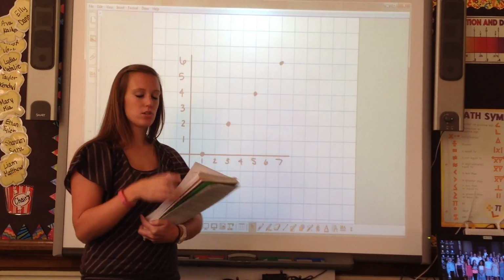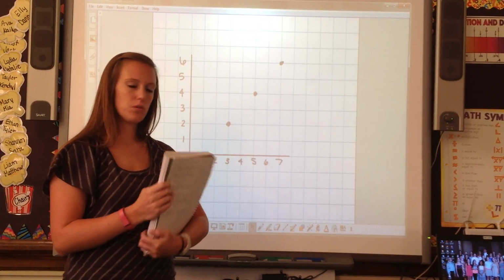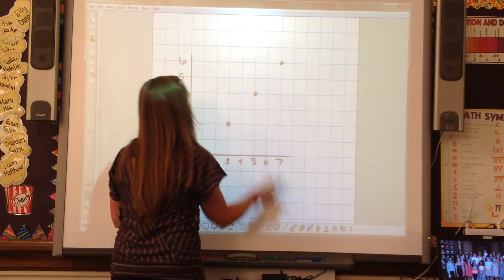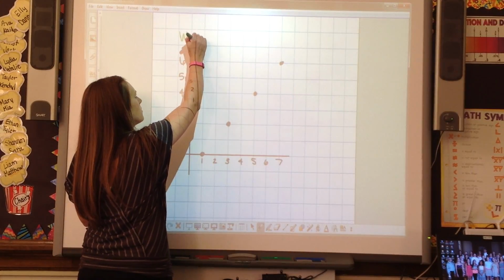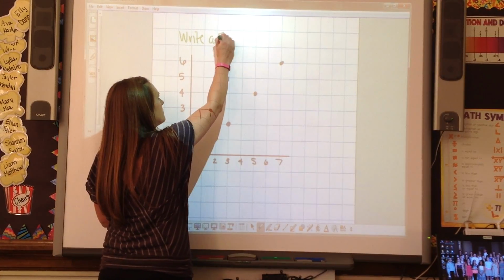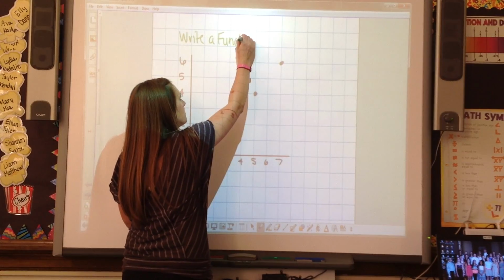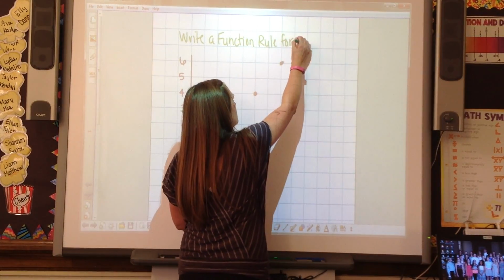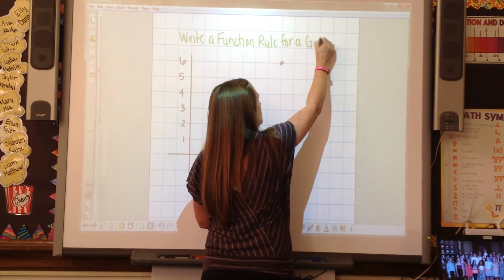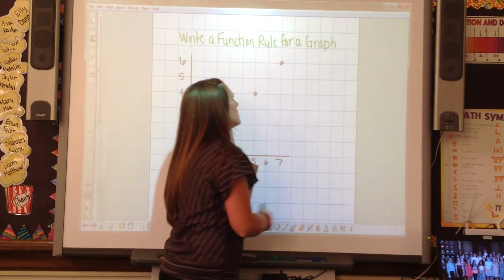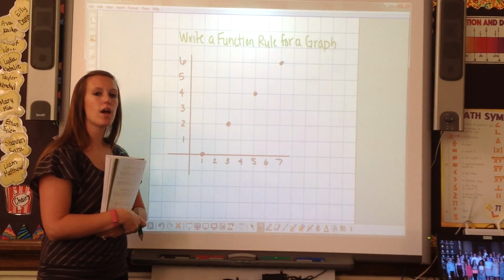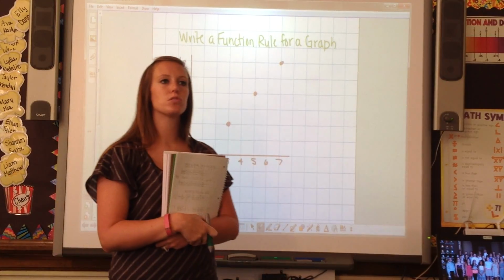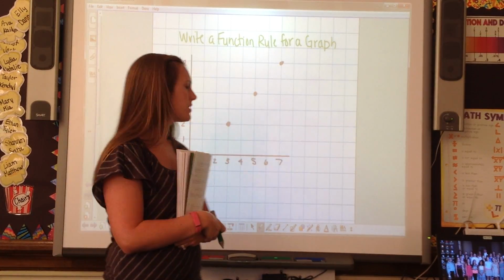Okay, so the next section is going to be writing a function rule for a graph. They're going to give you a graph this time, and you need to write a function rule similar to how we did in the last section.